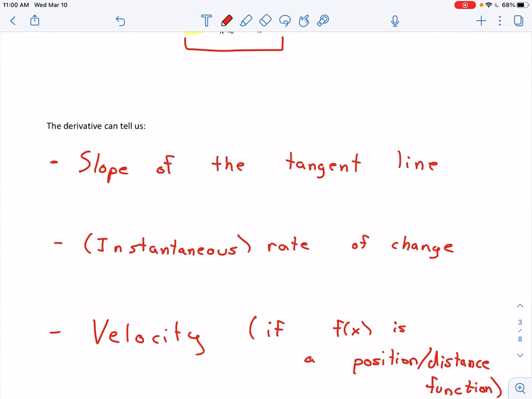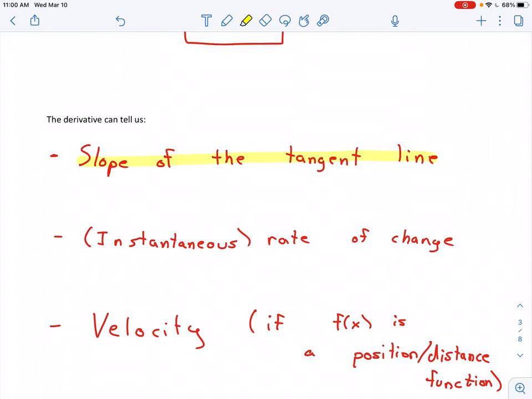From this point on going forward, I want you to sort of link these three and actually four things in your mind. If I refer to slope of the tangent line, I want you to immediately think of the derivative. If you read a problem that talks about rate of change, you should think about the derivative.